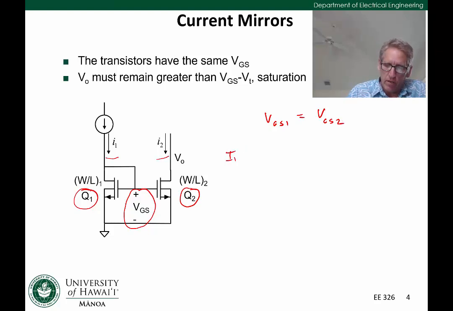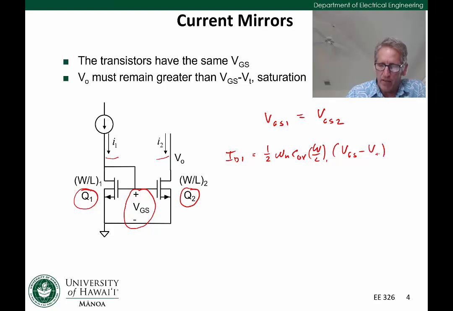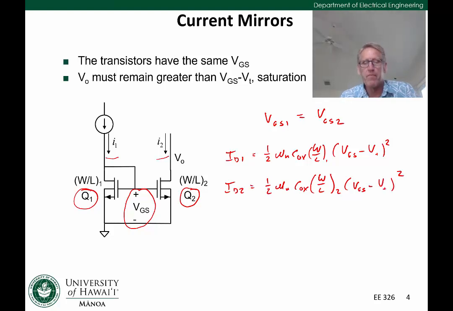ID1, the current I1, is equal to 1/2 mu n Cox W over L1 times VGS minus VT squared, and ID2 is equal to 1/2 mu n Cox W over L2 times VGS minus VT squared.